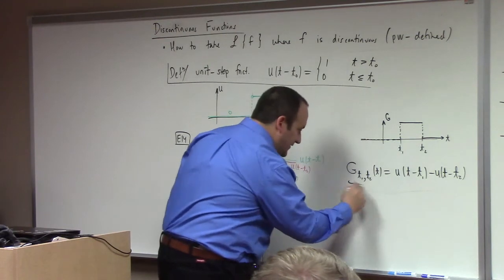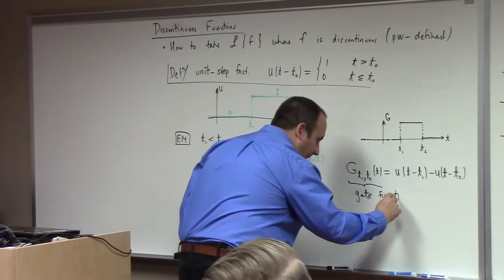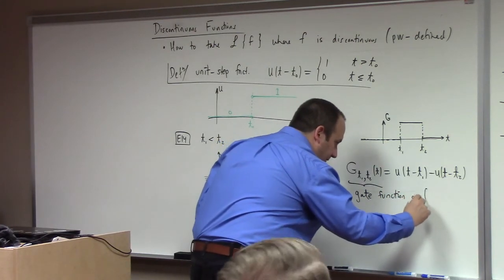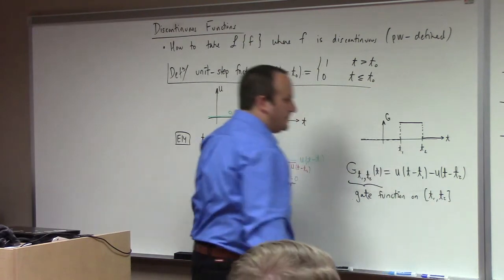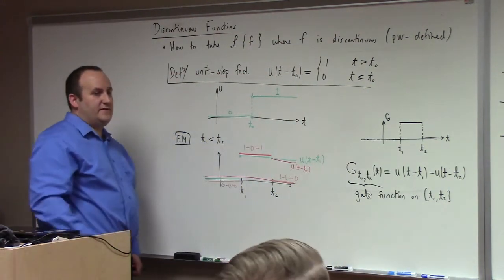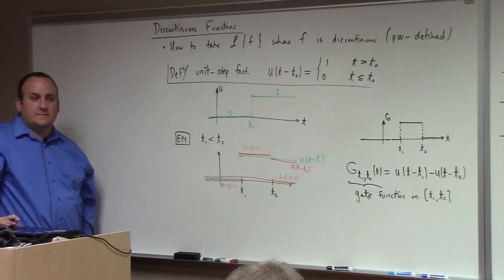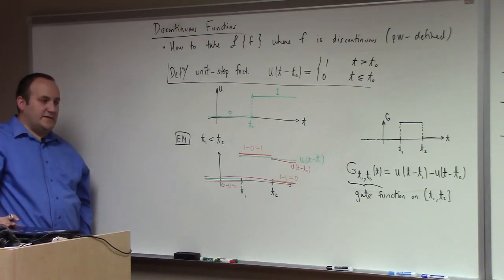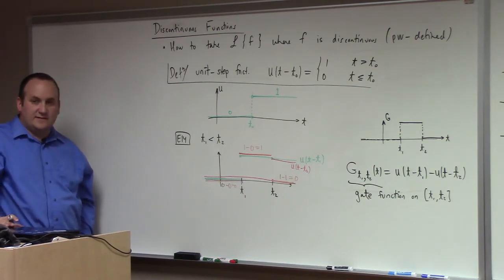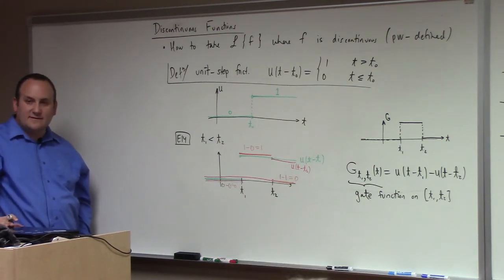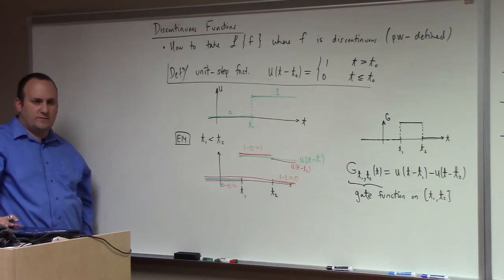This is called the gate function on, let's say, t1 to t2. So the gate function on an interval should be the function which is 1 on that interval and 0 elsewhere. My point to you in this example is that we can build the gate function from the difference of unit step functions. It's not an especially exciting observation, but it's true. You guys with me? You're not against me, are you?